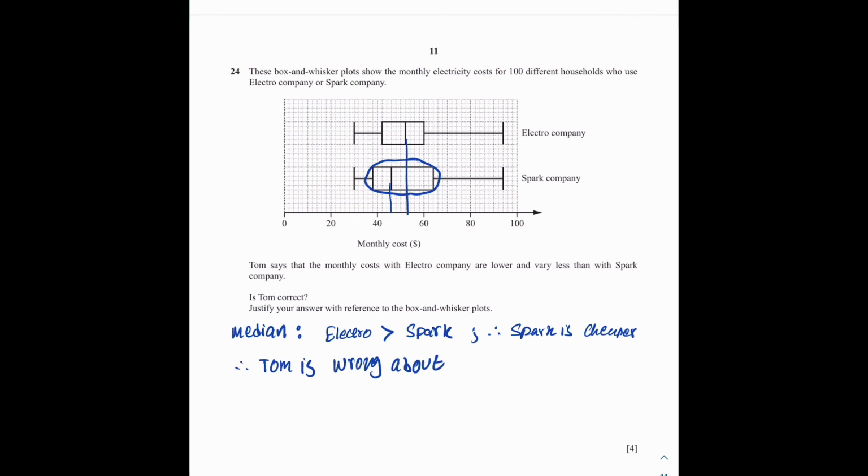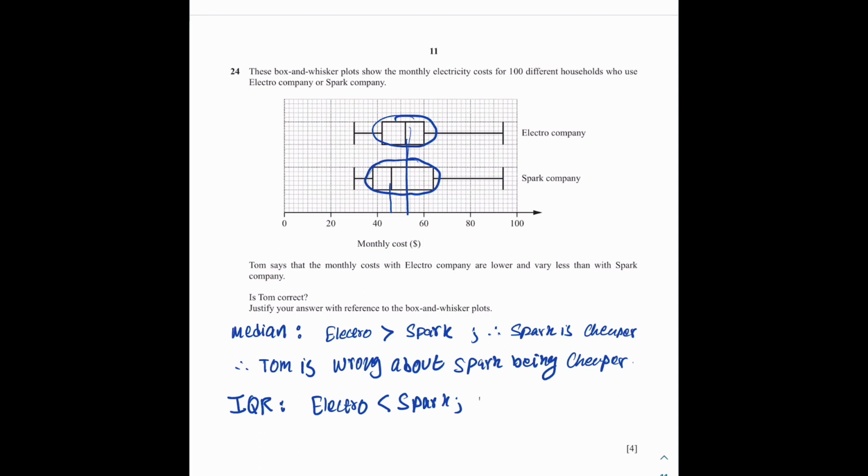Sorry, I'm just thinking this whole answer through in my head. Now I'm going to explain what I'm thinking. So Tom is wrong about Spark being cheaper. You can directly see this from the medians. But you can see that the IQR, which is just this block over here or this block over here, is less for Electro than for Spark.